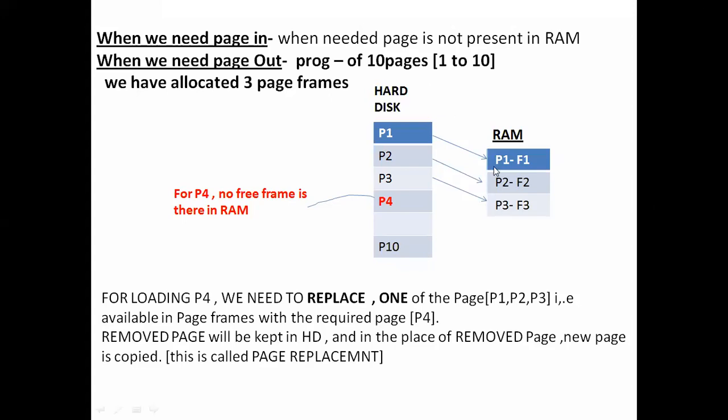This we call page replacement, and it happens if and only if our RAM is full, or the frames are fully occupied by pages, and no space is available to store a new page. Hence, in that case, I go for page replacement, where I replace any one page already present in the RAM with a new page.